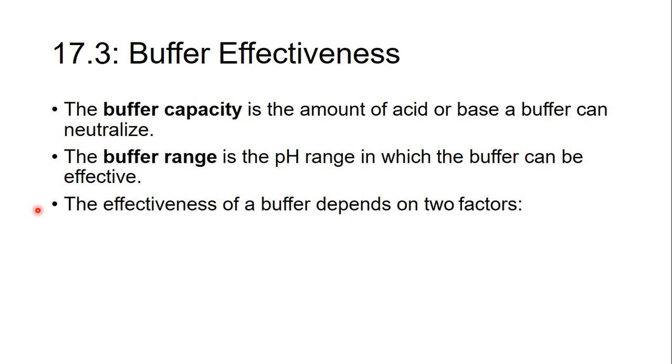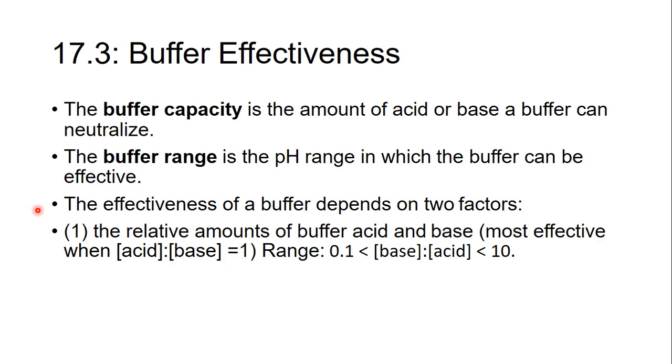And this effectiveness really depends on two things. One, the amount of buffer acid and base, or acid and conjugate base, that you have. We said last video that you're most effective when your acid and base concentrations are the same value. But we also said there is a range.